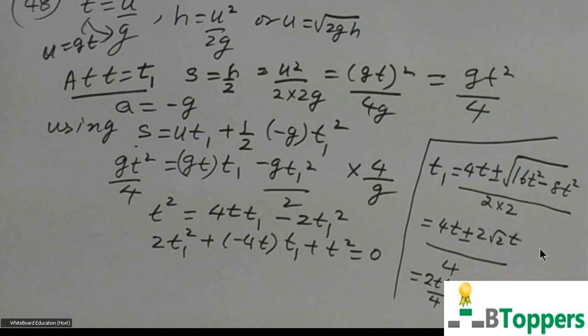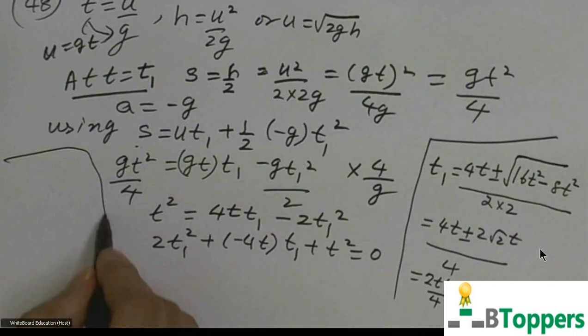And the second value of t1 gives you the other instant of time at which the body is at half of the maximum height during descent. That means the smaller value of t1 gives you the first instant during which the body reaches half of the maximum height during upward motion. The larger value of time t1 gives you the later instant of time.